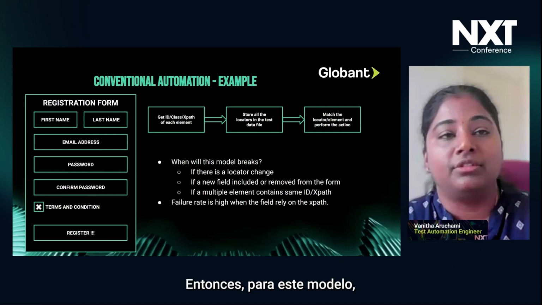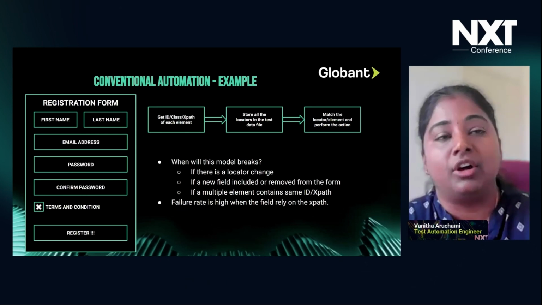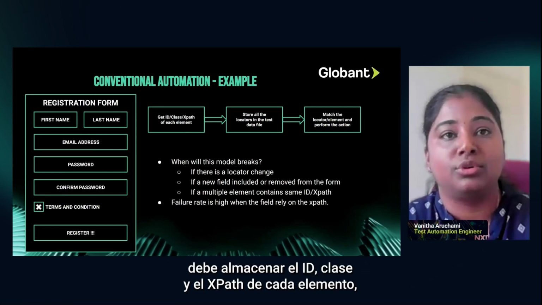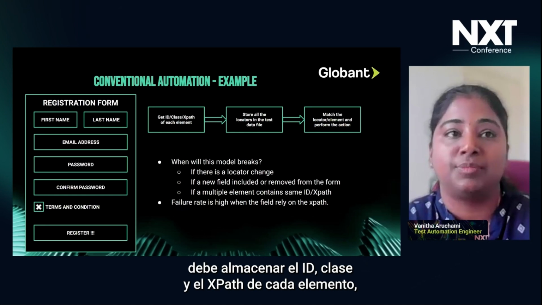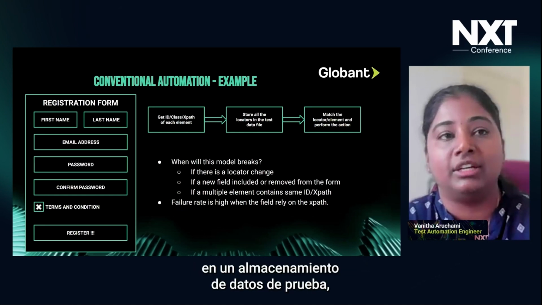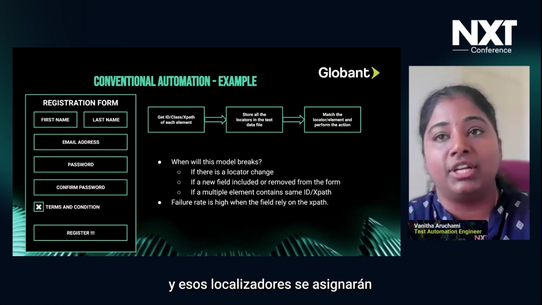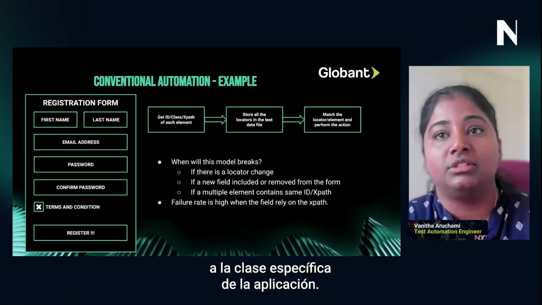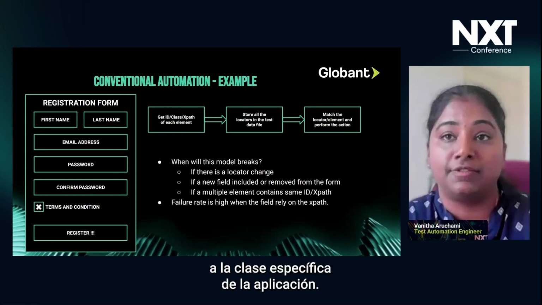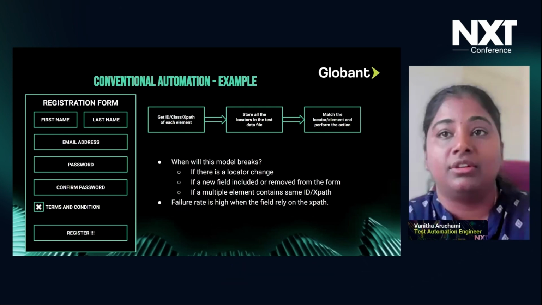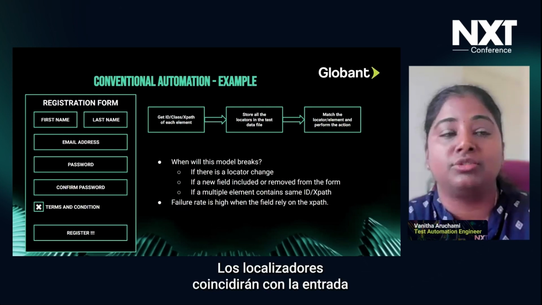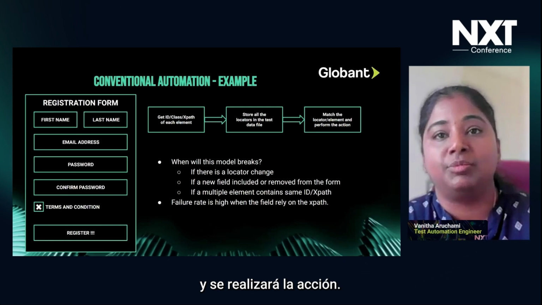So for this model, the automation engineer has to store the ID, class or XPath of each element in a test data storage, and those locators will be given to the application specific class. So the locators will be matched to the input and the action will be performed.